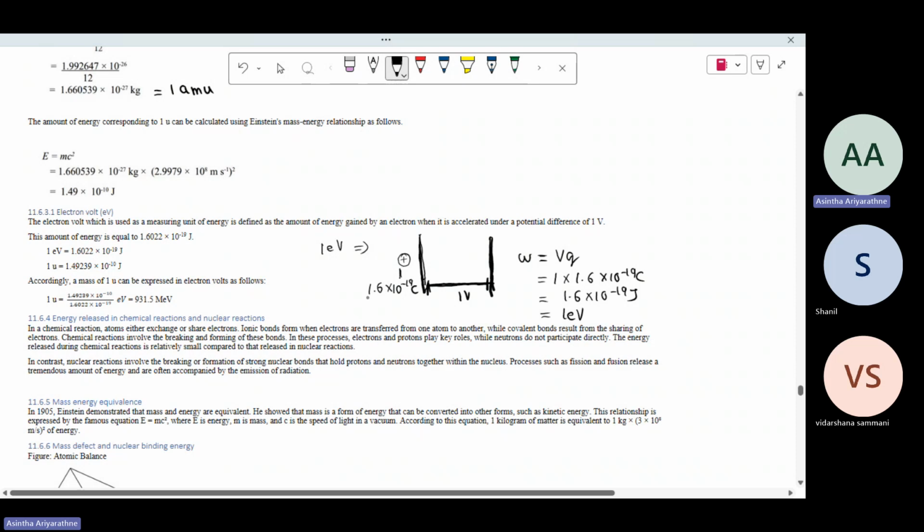That is the energy required to move, or gained by, 1 electron across 1 volt.